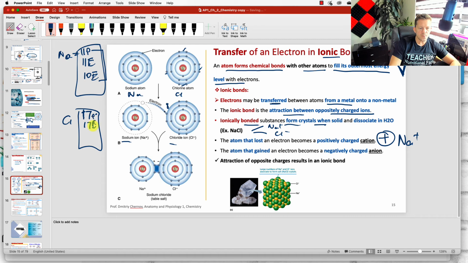So it's 17 protons, so it's 17 electrons, but when it accepts or gains that extra electron, now 1 extra. So when it's 1 extra, now we represent this as a negative charge. So chloride becomes 1 extra, 1 negative charge. It's an anion. So that's an ionic bond.